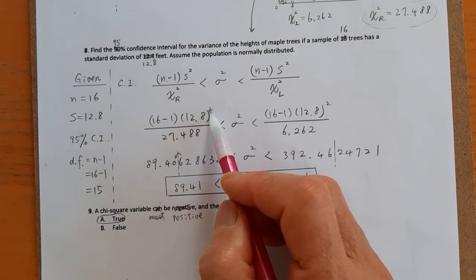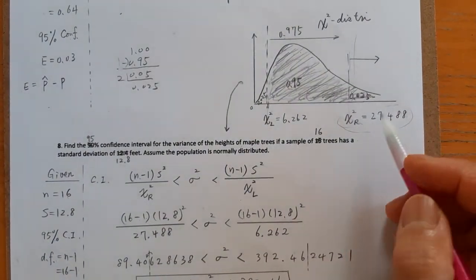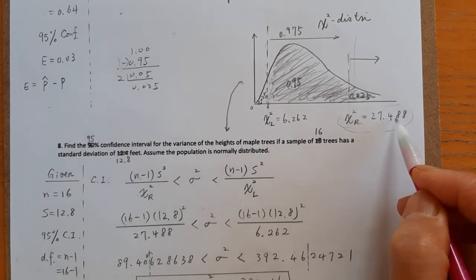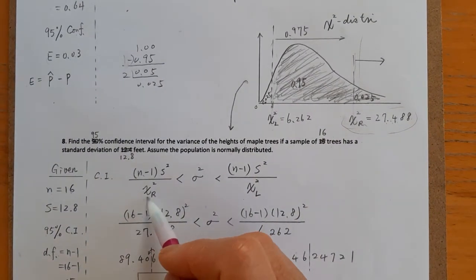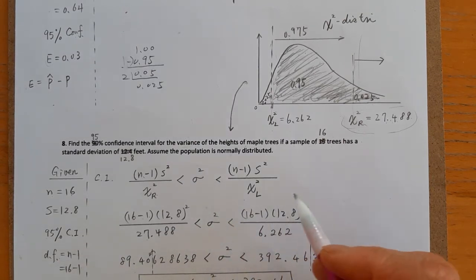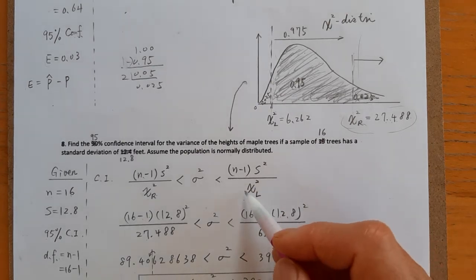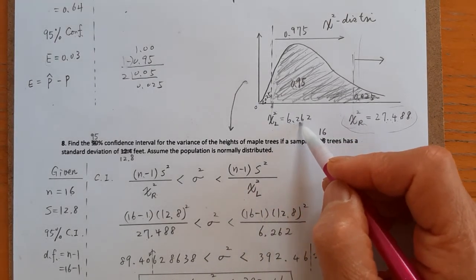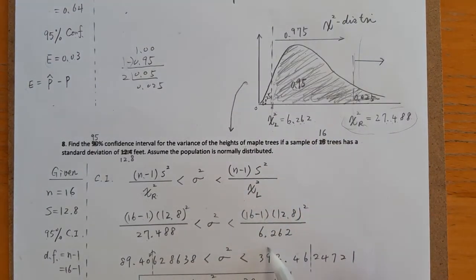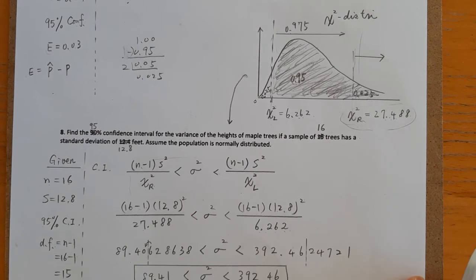Divided by chi-square right, which is 27.488. And variance less than 16 minus 1 times 12.8 squared, divided by chi-square left, 6.262. Plug into this confidence interval for variance formula.